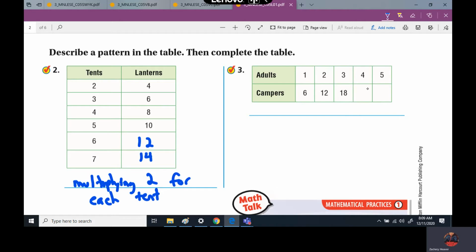So 6, 12, 18, 24, 30. So multiply by 6 for each adult.